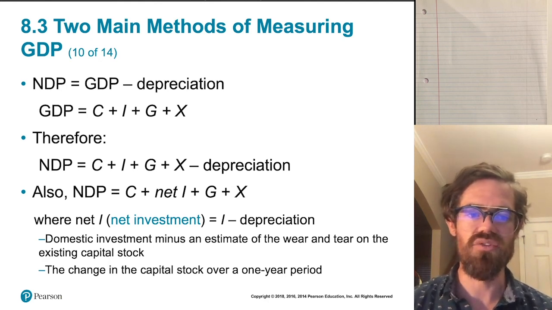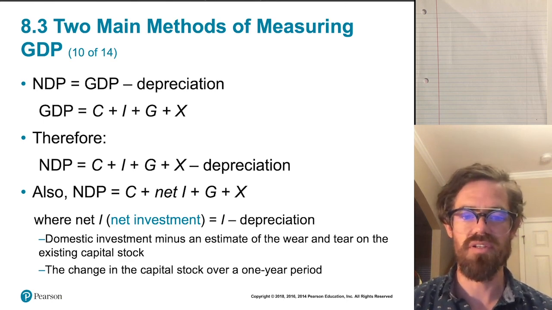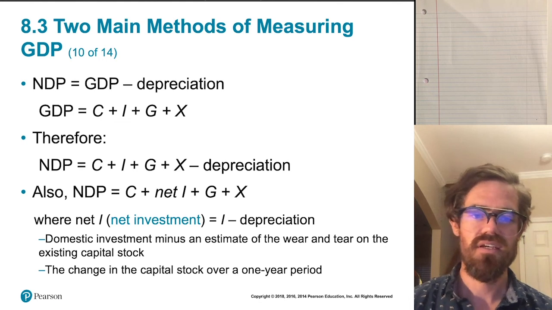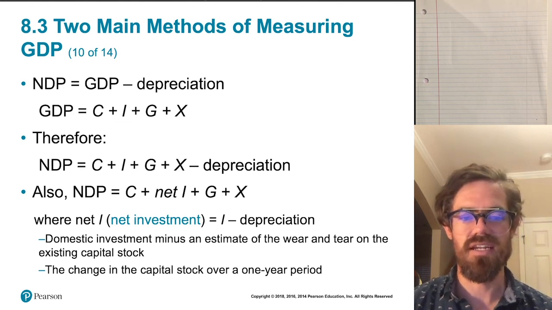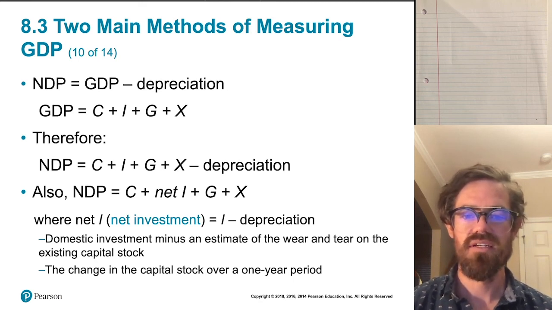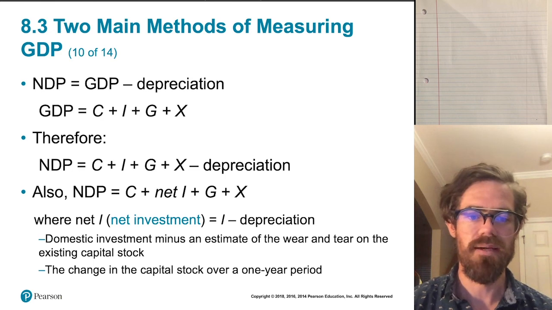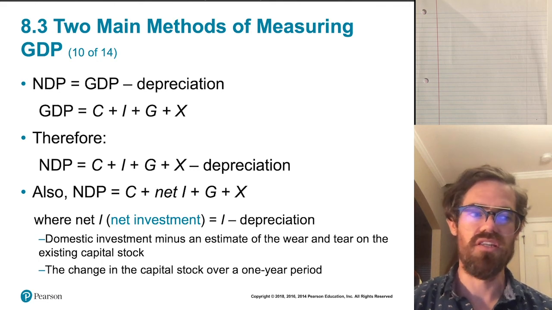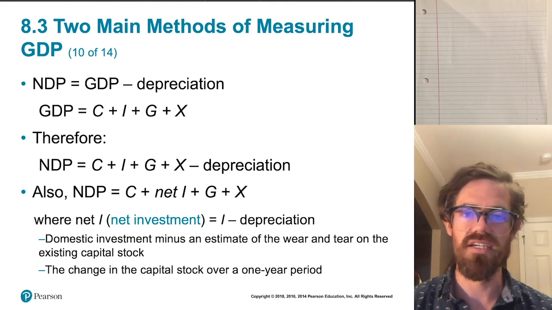So we have a new equation for net domestic product. It's equal to consumption plus net investment plus government expenditure plus net exports, where net investment is gross investment, or just investment, minus depreciation. And again, this is so that, if we want to, we can ignore production that was dedicated to replacing worn out buildings and machinery.